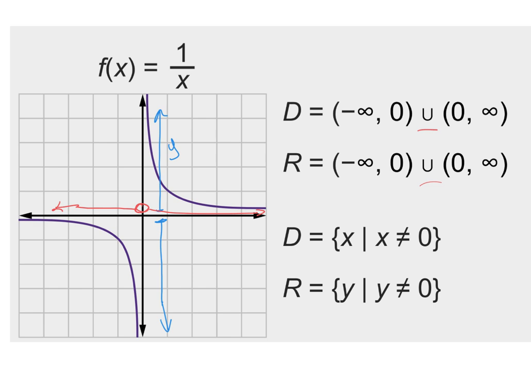And so sometimes instead of using that interval notation, set notation is easier, because I can really just say, well, it includes all x's except for 0. It includes all y's except for 0. And so sometimes it's easier to write your domain in interval, or sometimes it's easier to write in set notation. It just depends on what all you have to explain to the reader.